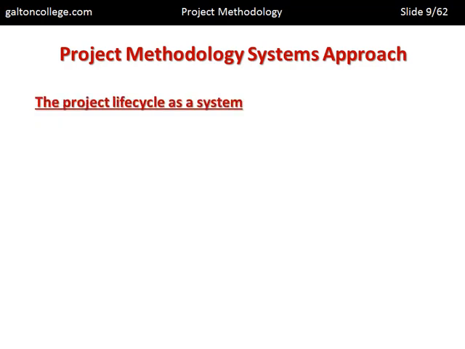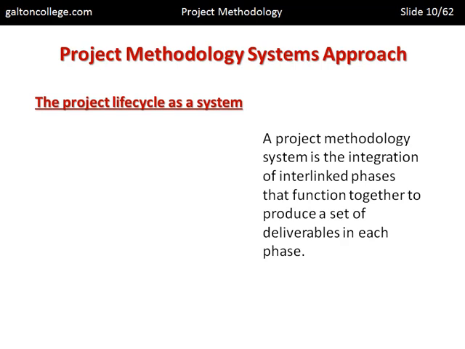Now, the project life cycle of a system, well, a project methodology system is the integration of interlinked phases that function together to produce a set of deliverables in each phase. So the project methodology is about looking at the system as an integrated whole. It's all contained.